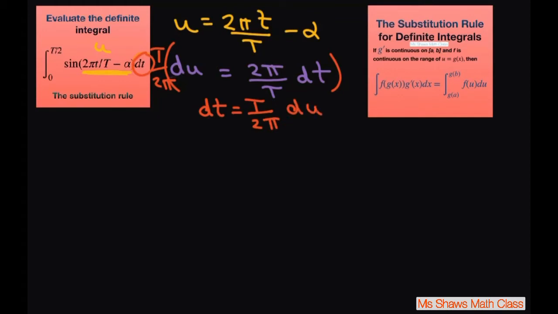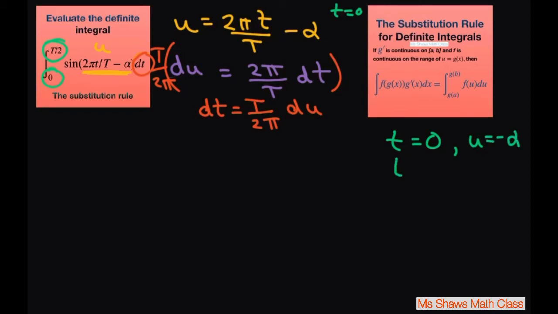Now we have to adjust our limits because we're not going to substitute back in the u. If t is 0, then u equals negative alpha.